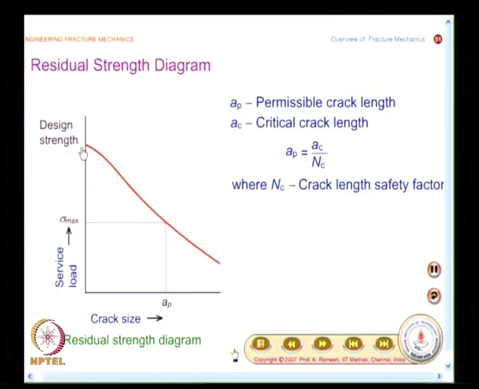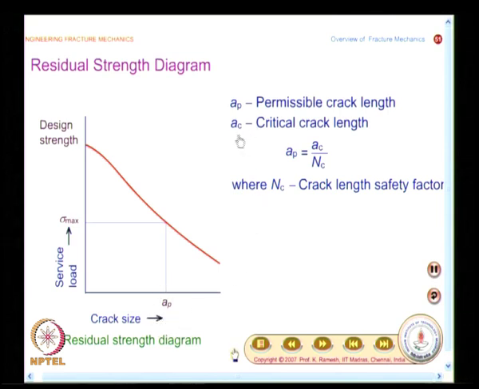So, you need to get what are known as residual strength diagrams. This shows for different crack lengths how the service load should be limited, and you also have a concept which is again an extension of what you have been doing in strength of materials.